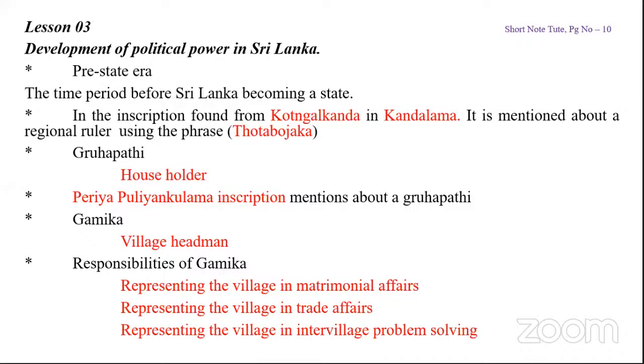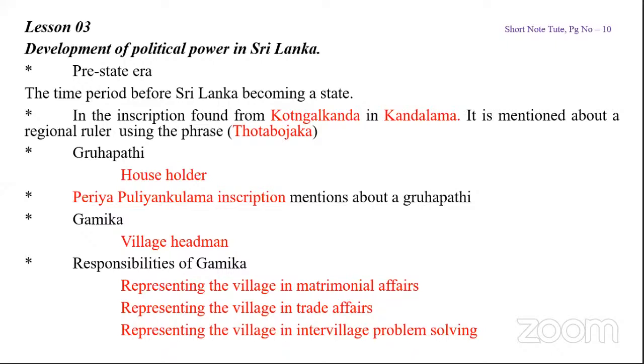How was Gamika selected? Once again, let me recall the structure of the village that I have shown you. Five or six families were there. These families selected different land areas for agriculture. Some received very good, very fertile land areas. Some received less fertile land areas.